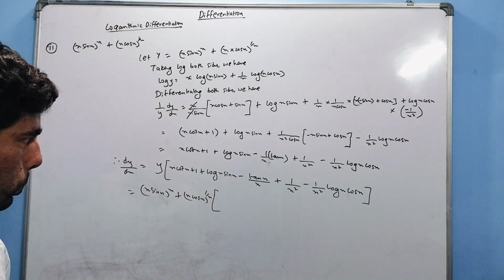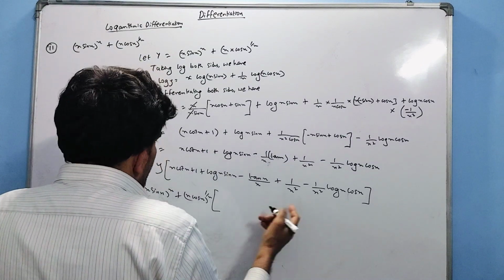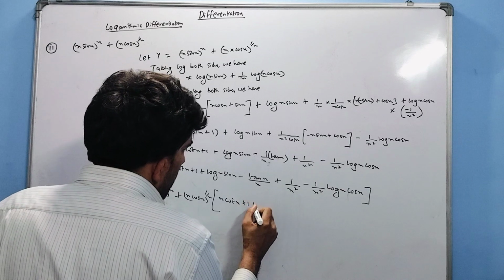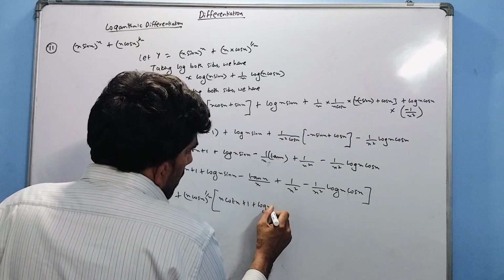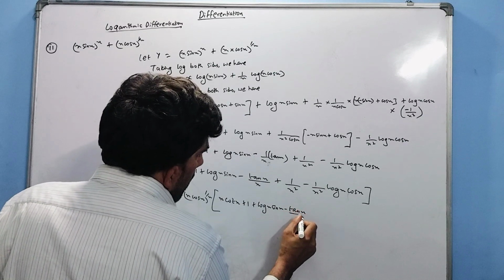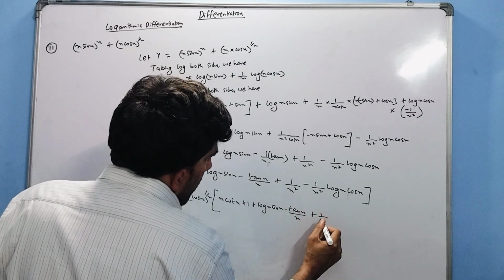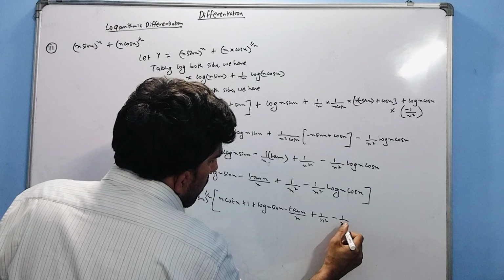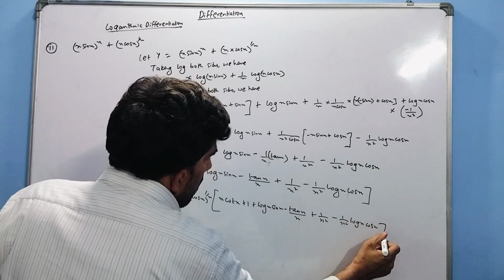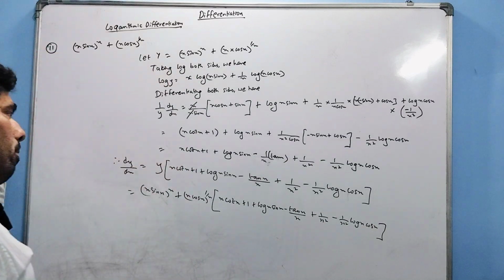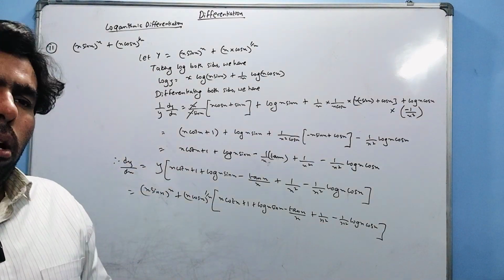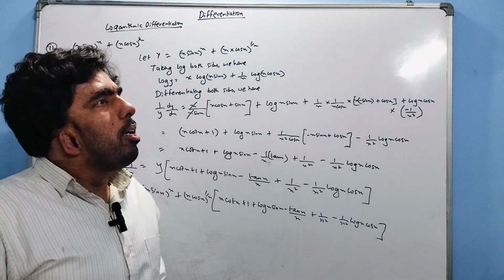You can simply implement this as it is what we have solved, plus log x sin x minus tan x upon x plus 1 upon x square minus 1 upon x square log x cos x. Okay, so that's how we find it. Using log we can differentiate a function.